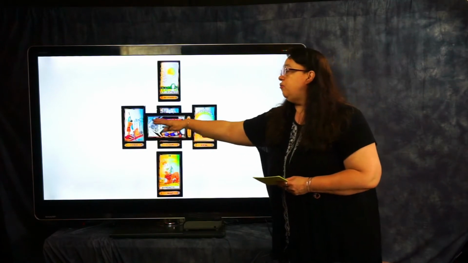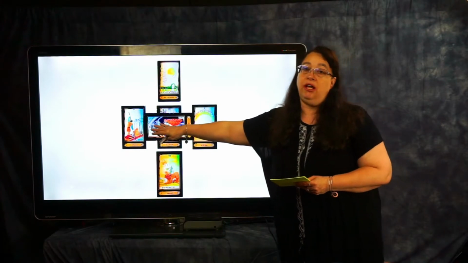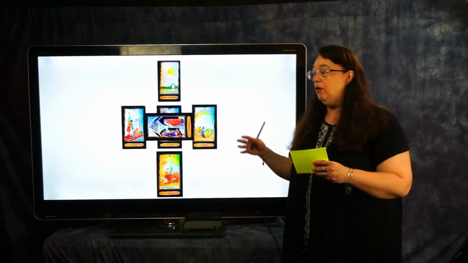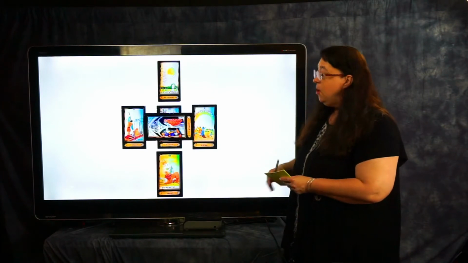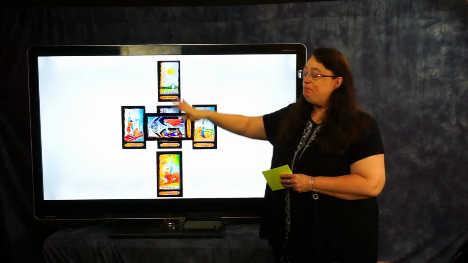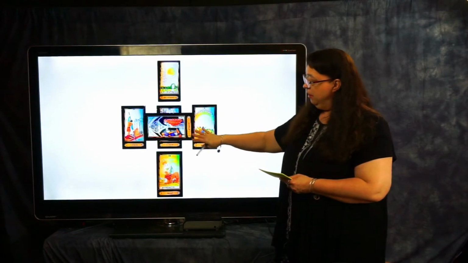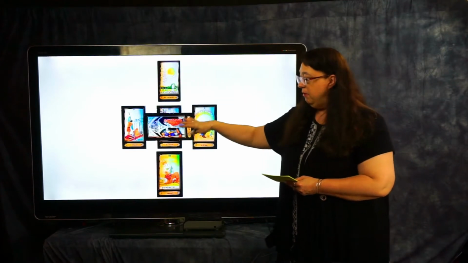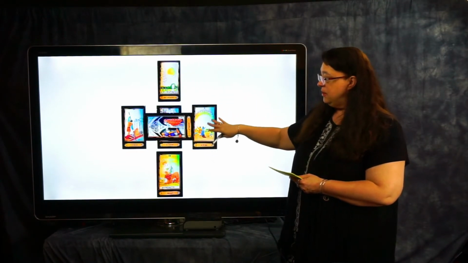You lay a card across it, which is going to represent the obstacle, or what is blocking what's happening, or what your question's about, or what the reading happens to be about. The one up here is your best possible outcome. Then you also have over here, though, before you even get over here, this is the cause of the current situation.